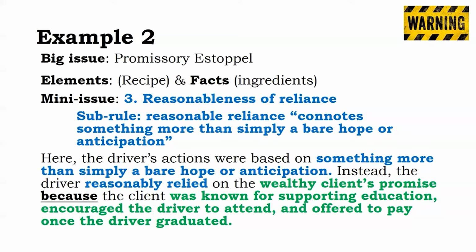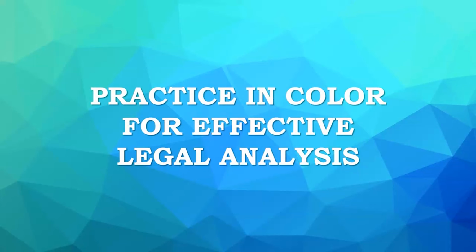So we see that there are precise words from the facts in green, precise words from the subrule in blue. They are used together, linked by the word because. That constitutes legal analysis.